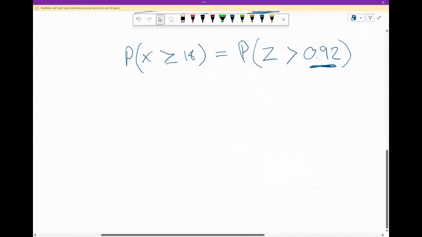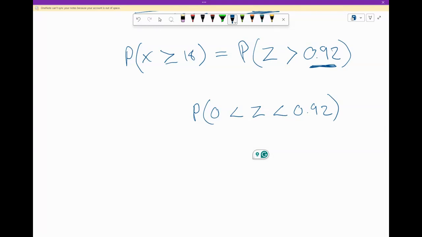So we're basically saying, what is the probability of 0 to Z? 0.92. That's what we're looking for. You together? Now, here we were looking for Z that is greater than 0.92.